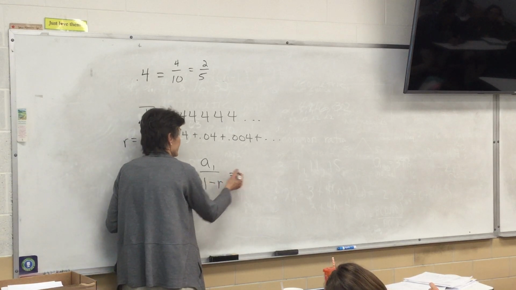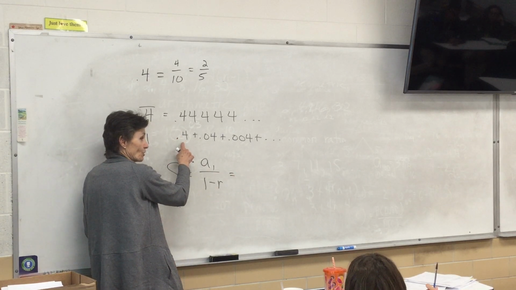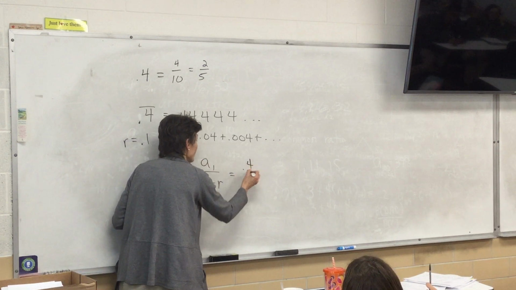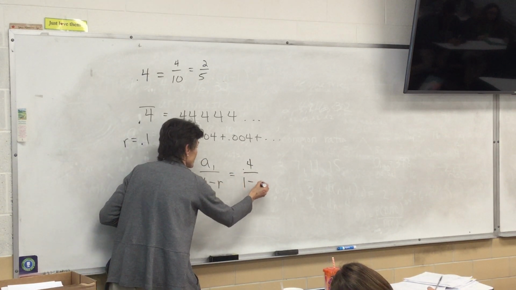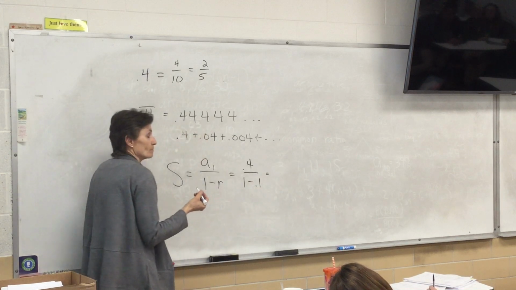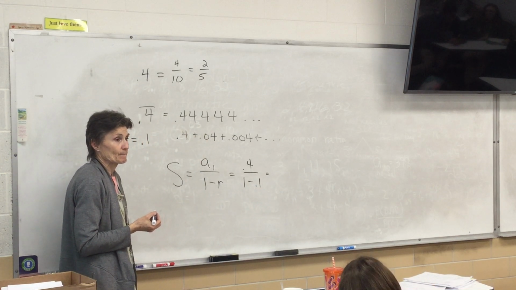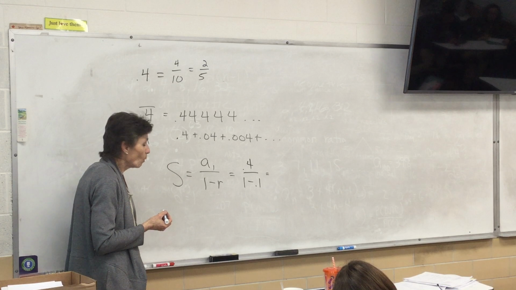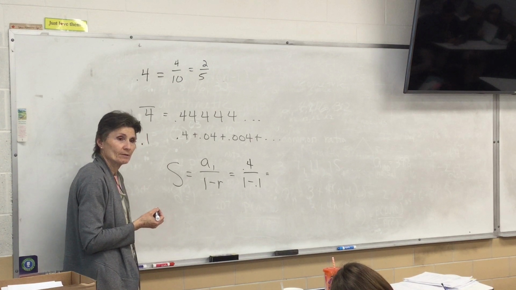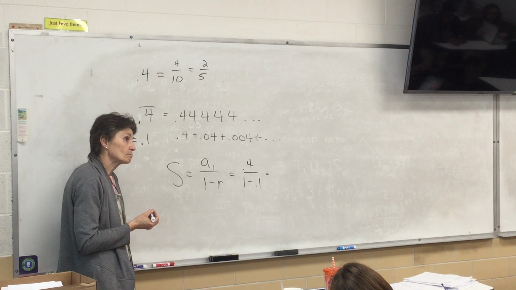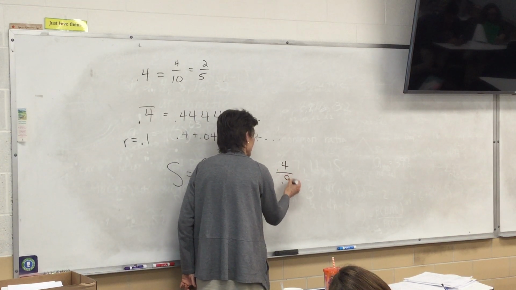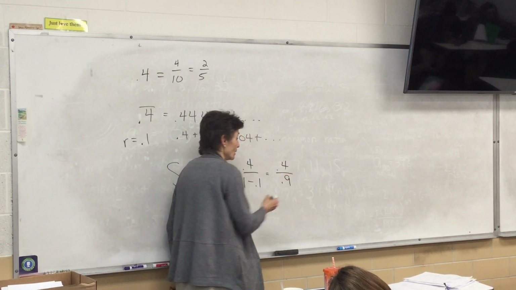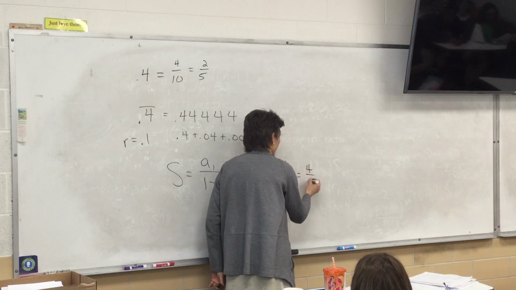My formula says, take the first term, which is 0.4, and divide it by 1 minus the ratio. Well, what's 1 minus 1/10? 0.9. So we have 0.4 over 0.9, which is the same as 4/9.